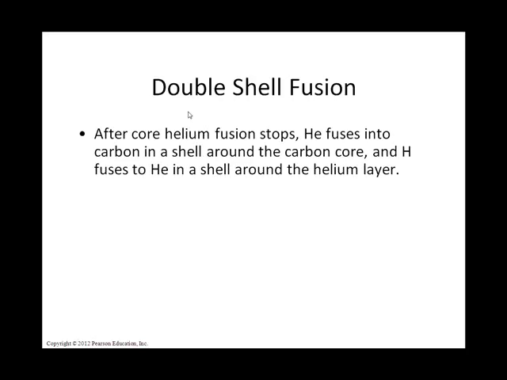All right. So eventually the core of that star that's fusing helium to form carbon is going to run out of helium. And when it runs out of helium, just like when it ran out of hydrogen, gravity's going to win out and make that star's core contract. It will never contract enough to make the core's temperature hot enough to begin fusing carbon, because the star is not massive enough.